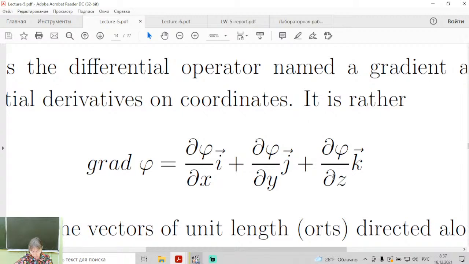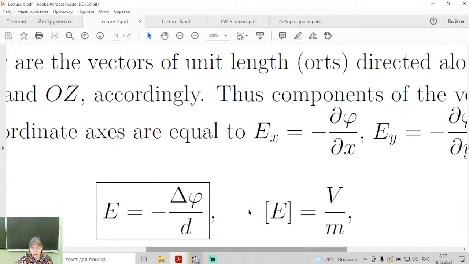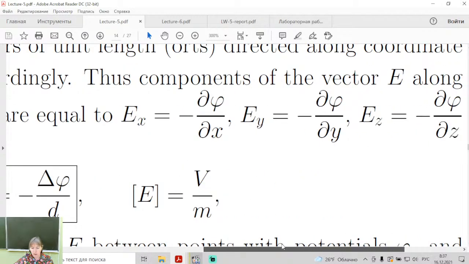These components of the vector E along the specified coordinate axis are equal. Look at here. Ex is equal to minus d phi divided by dx, and that's all.